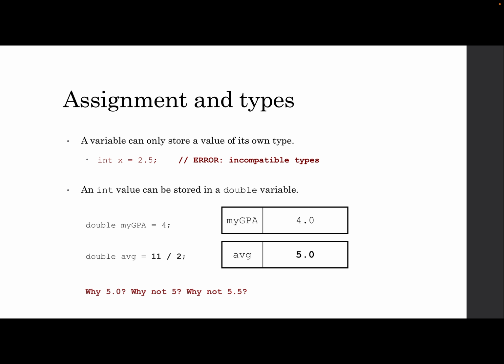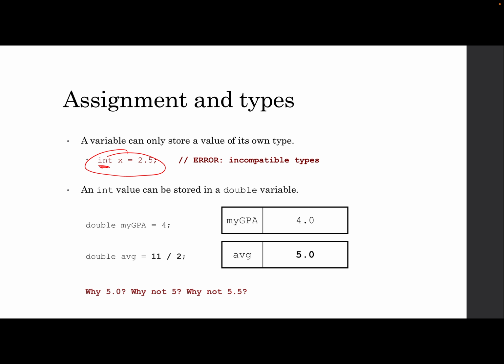One important rule that Java has here is that variables can only store values that are compatible with their declared type. So for example, we have this int x equals 2.5. That's not legal. And the reason that it's not legal is pretty simple. An int can't store decimal values. If Java were to have allowed this, then what should happen to the 0.5?